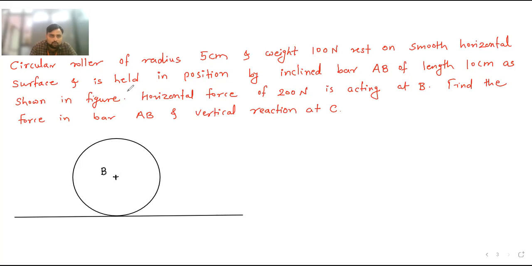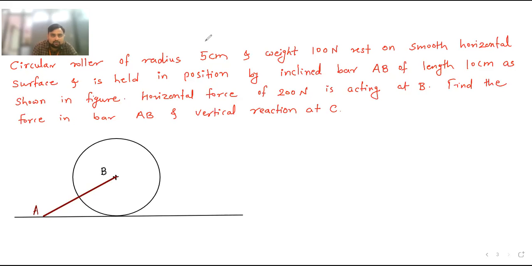This roller is held in position by inclined bar AB of length 10 centimeter. So I will draw this bar. This is the bar AB, it is in this way. This is your point A. And the length of this bar is 10 centimeter, and it is inclined at an angle of 60 degree.